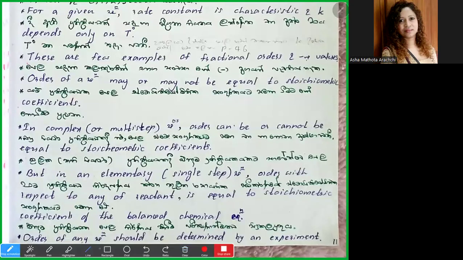Next point, in complex, within brackets, multi-step reactions.